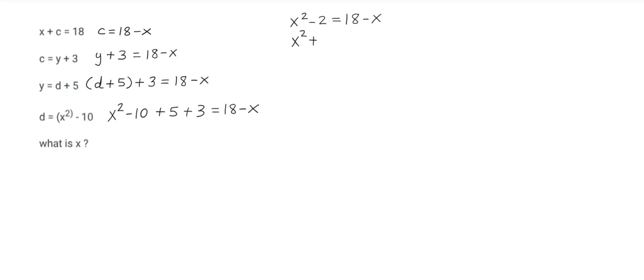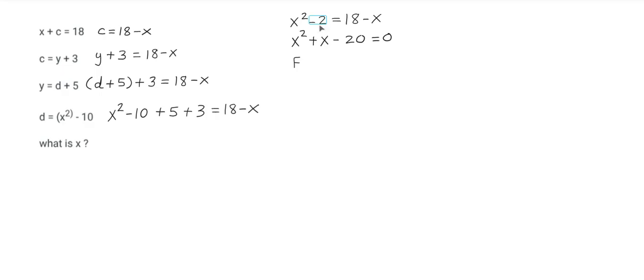We bring the negative x over on the other side, so it's positive x. And then we bring the negative 2 onto the other side, so it becomes positive 2. So this becomes equal to 20, but then we can bring the 20 back on the other side and equal the entire quadratic function to 0.